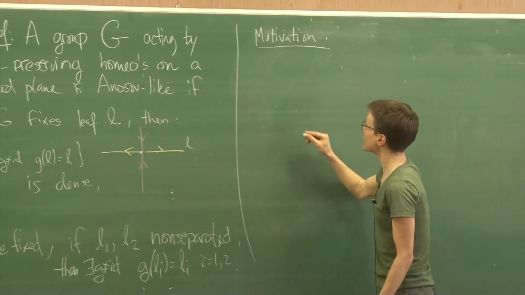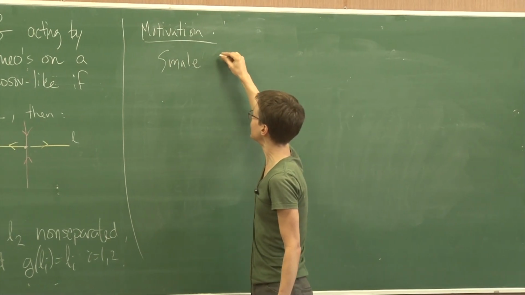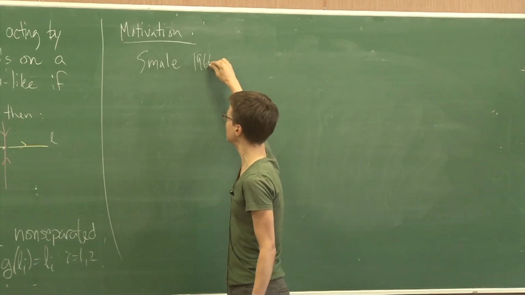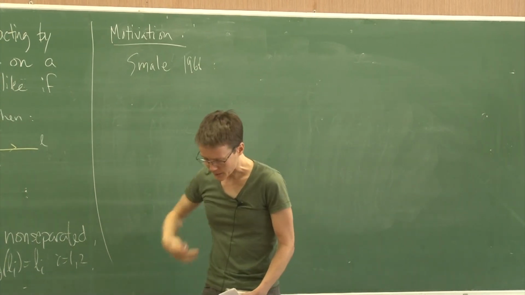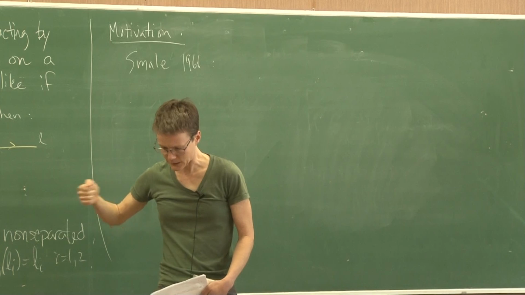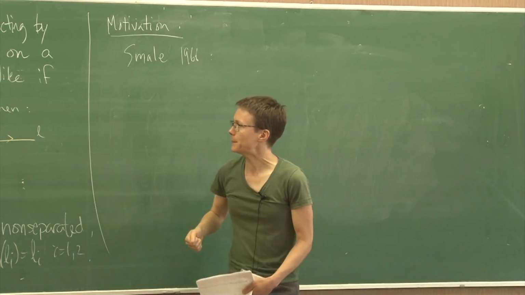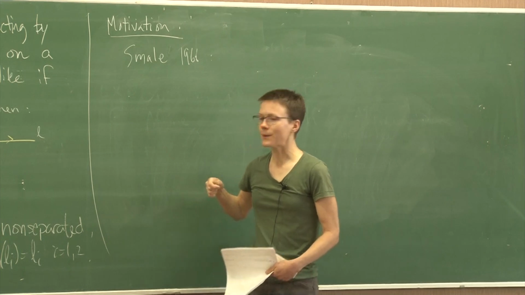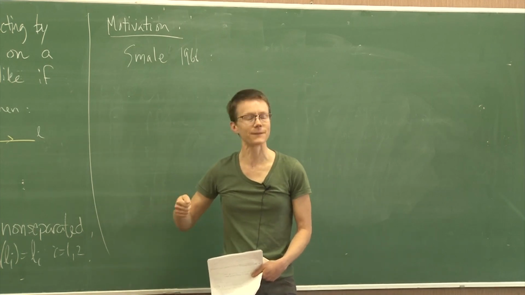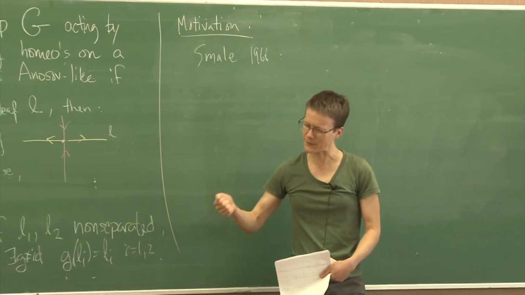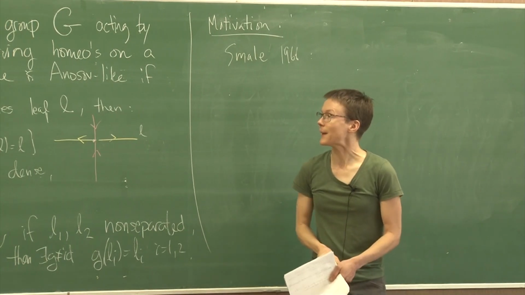So this problem really comes from Smale's 1966 ICM address, where he outlines a program for classifying a discrete version of Anosov flows, Anosov diffeomorphisms, and at some point says, here's a very important problem. We should try and classify Anosov flows on not just 3-manifolds, but on all manifolds of any dimension.